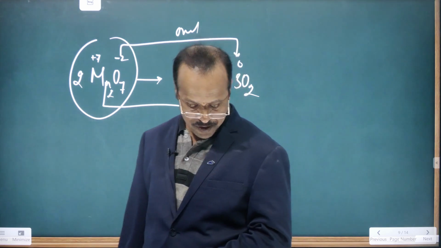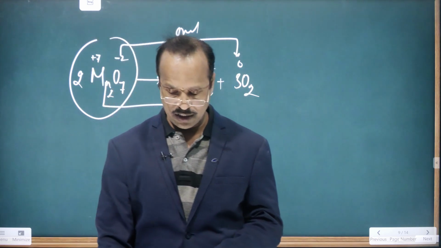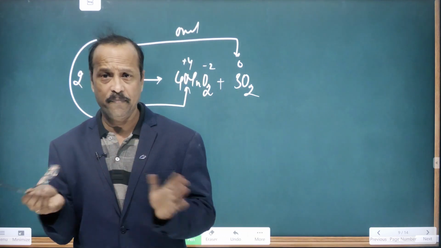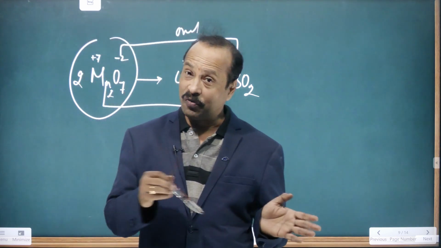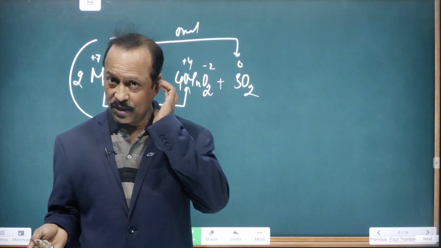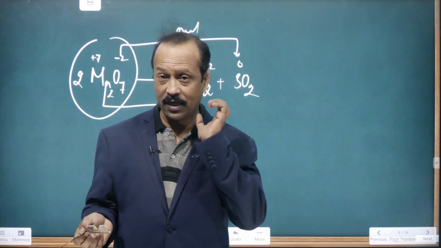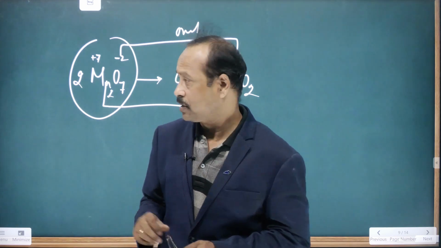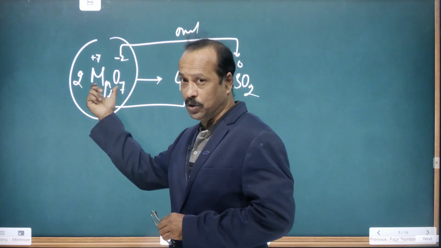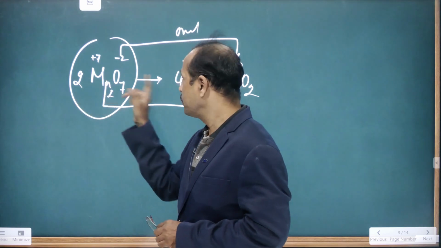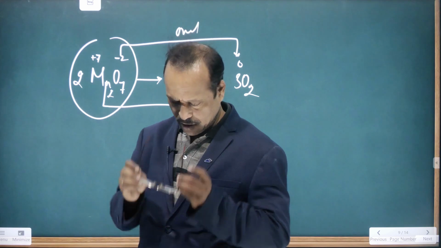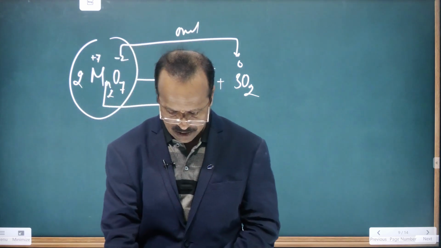Then it is called an intramolecular redox reaction. If two different molecules are undergoing the oxidation and reduction, then we can say that is an intermolecular redox reaction. But within the molecule, this is total one molecule only. Within one molecule, if they are undergoing the oxidation and reduction, then that is called an intramolecular redox reaction.